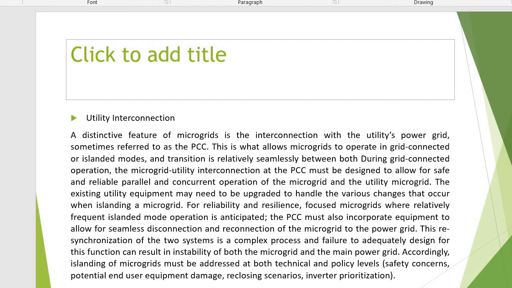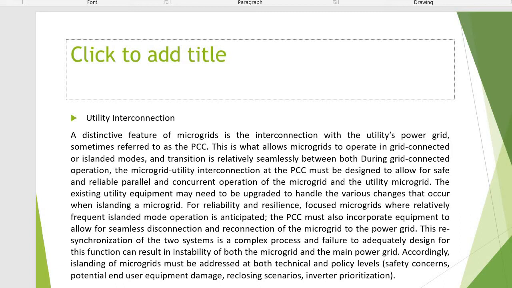So during grid connected operation, the microgrid utility interconnection at the PCC must be designed to allow for safe and reliable parallel operation. There should be parallel, reliable and safe, concurrent operation of the microgrid and the utility. The existing utility equipment may need to be upgraded to handle the various changes that occur when we are islanding a microgrid, that is, separating a microgrid from the grid.